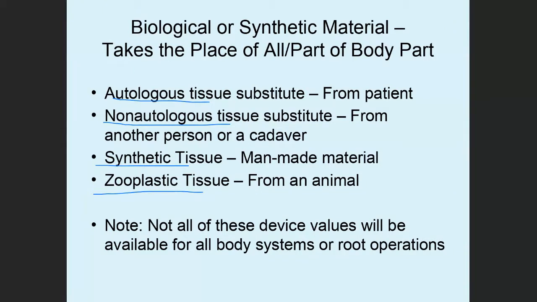Autologous tissue substitute is from the patient, taken from one area and moved to another. Non-autologous tissue is human, but not from the patient. It could be from another person or from a cadaver. Synthetic tissue is made from man-made material, and zooplastic tissue is from an animal. Now note that not all of these device values will be available in all body systems or with all root operations within the body systems.